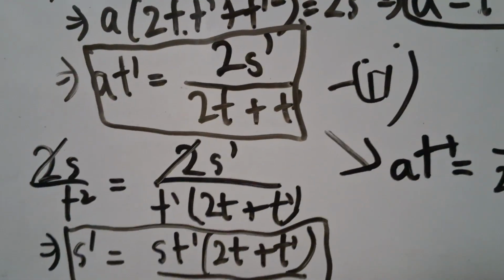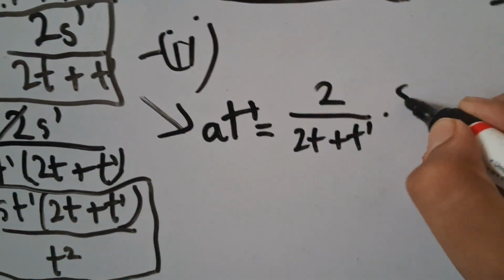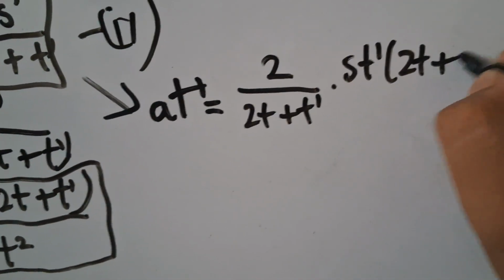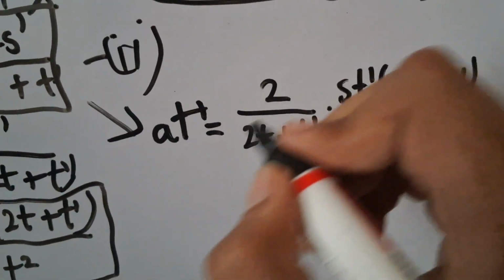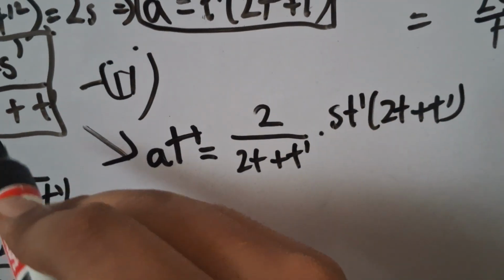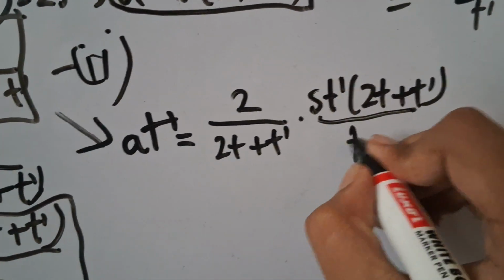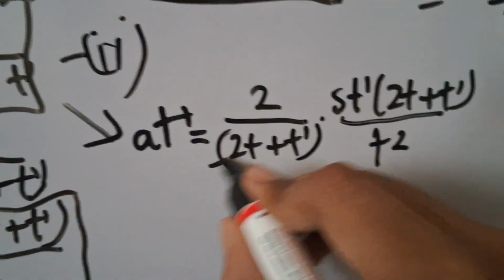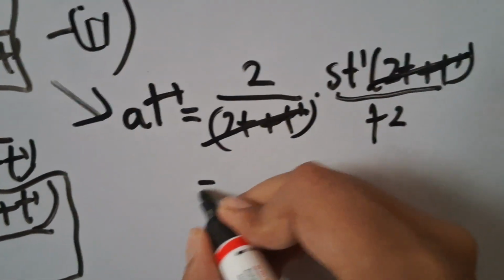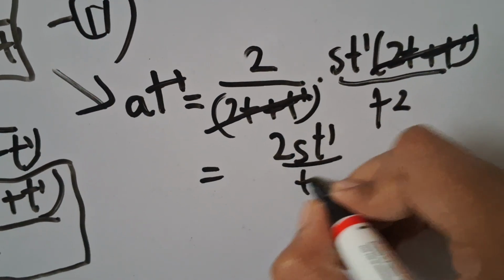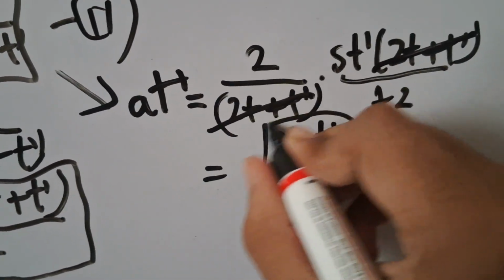So what is s dash? This is s t dash into 2t plus t dash. Take a look at what we have been given. What is this? s dash by t square. So you see, cancelled, we get 2s t dash by t square.